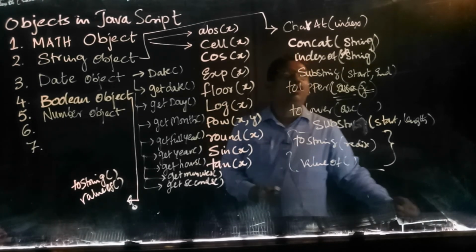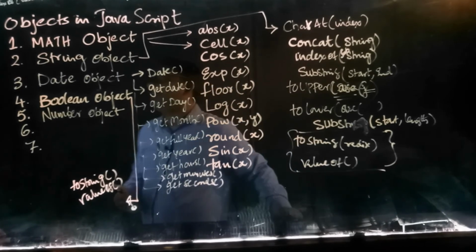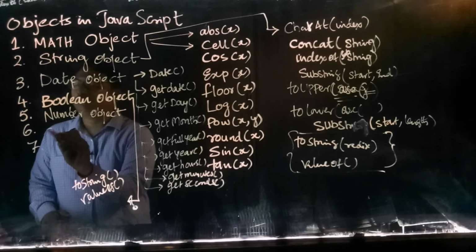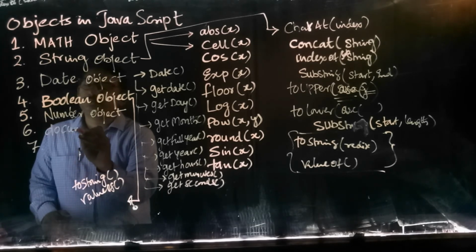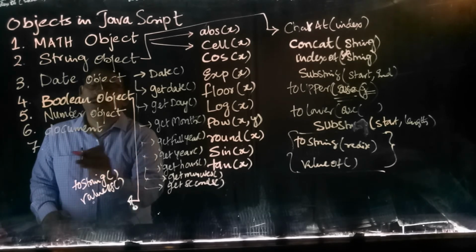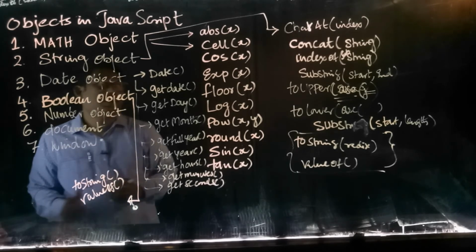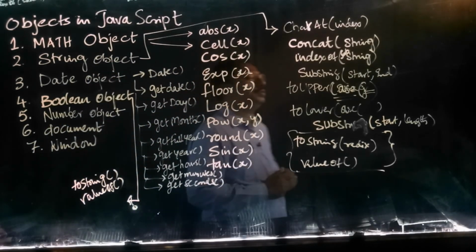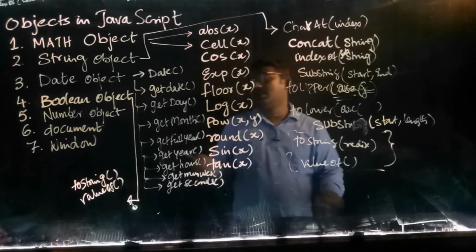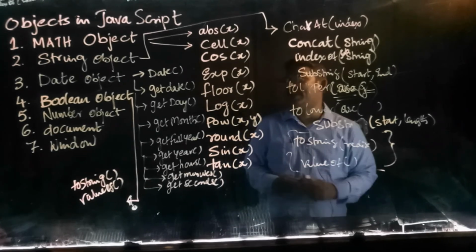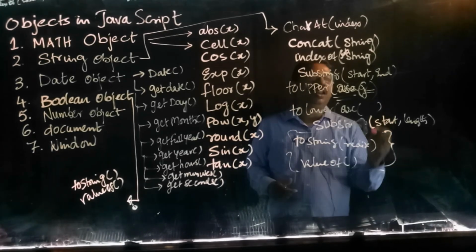After the number object, the next is the document object.